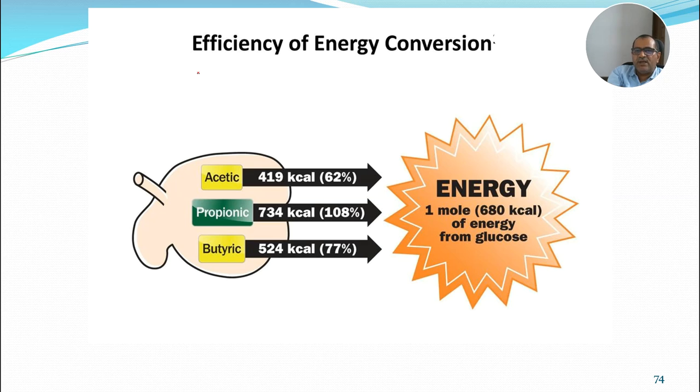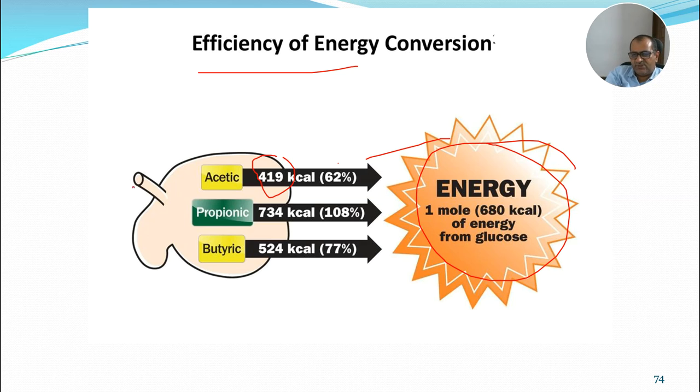So here energy efficiency conversion is there. For example, acetic acid has 419 kilocalories and it contributes 62% of the energy requirement. One mole is equal to 600 kilocalories of energy from glucose.